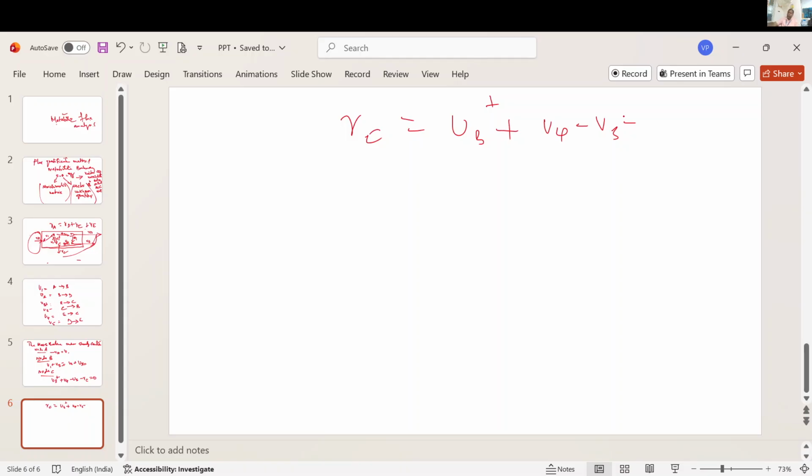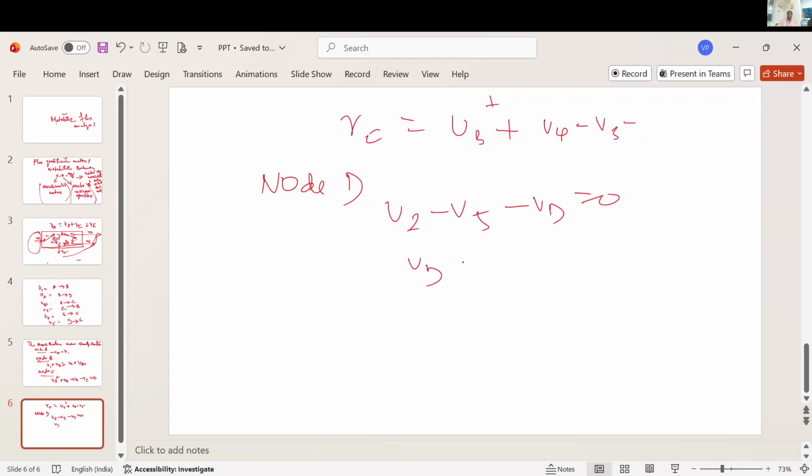Similarly, for node D, V2 minus V5 minus Rd equal to 0.